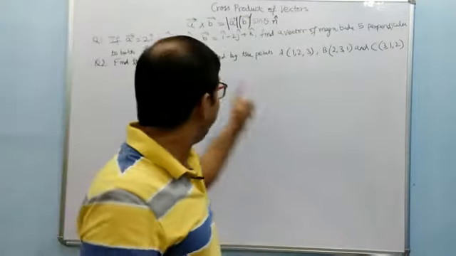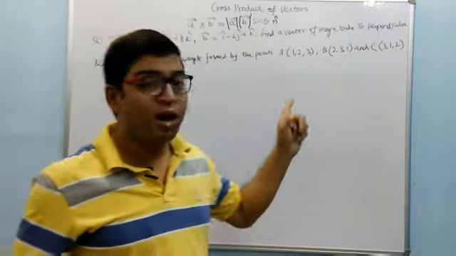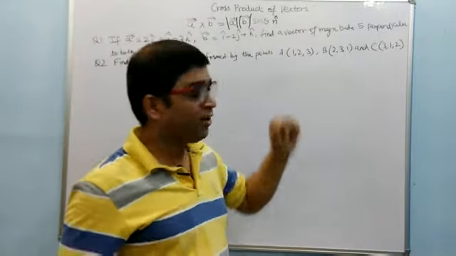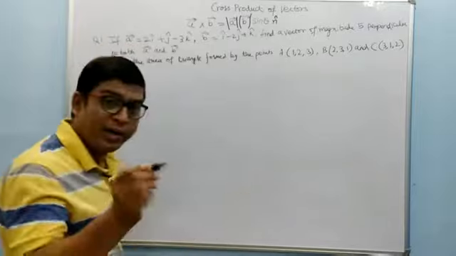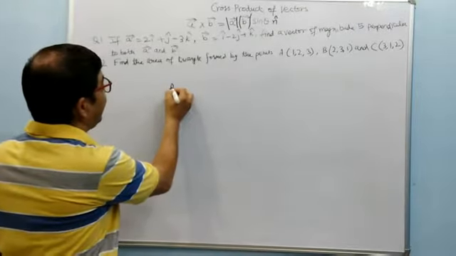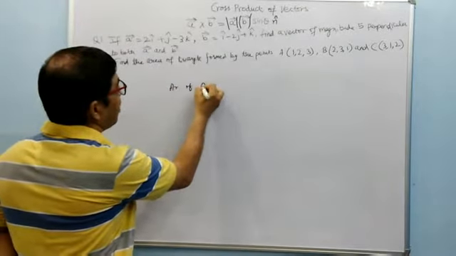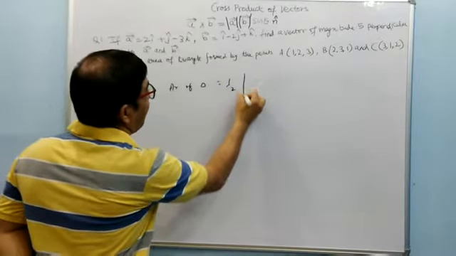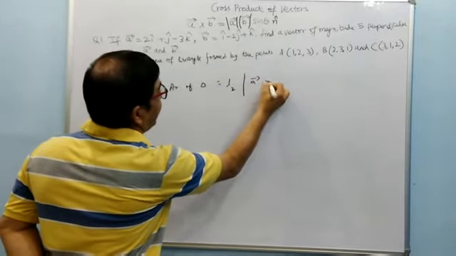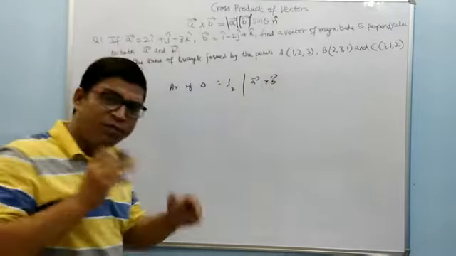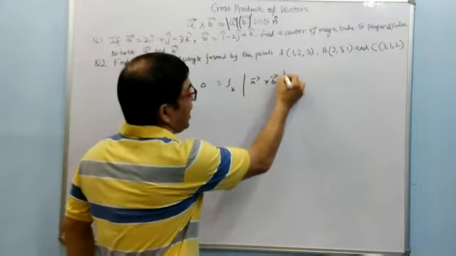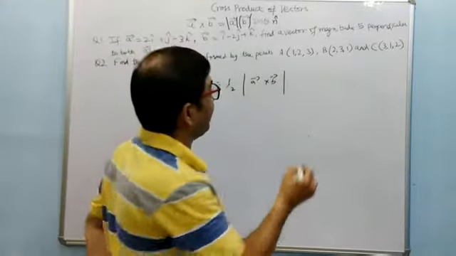Now see, if we have to find the area of a triangle formed by the given points, what we learned is that the area of the triangle is half the magnitude of vector A cross vector B. What are vector A and vector B? Those are the two sides of the triangle.